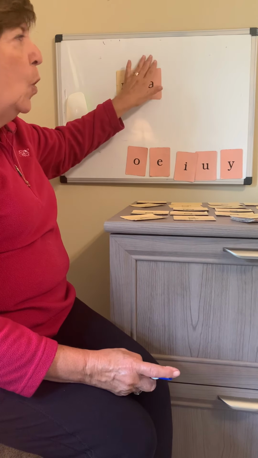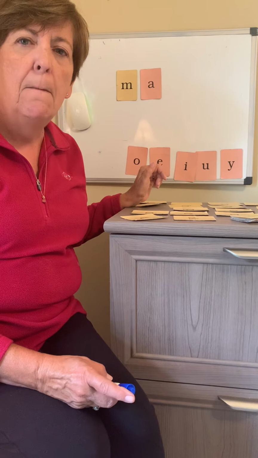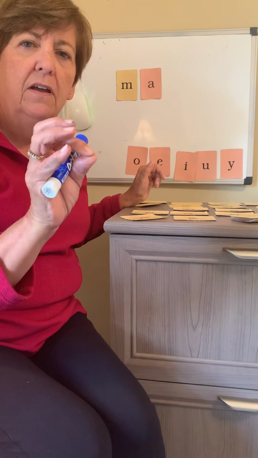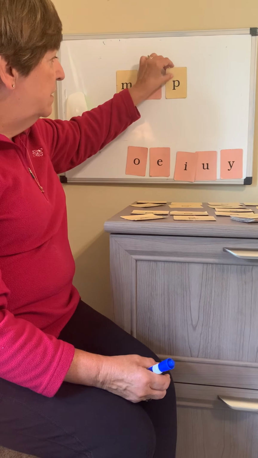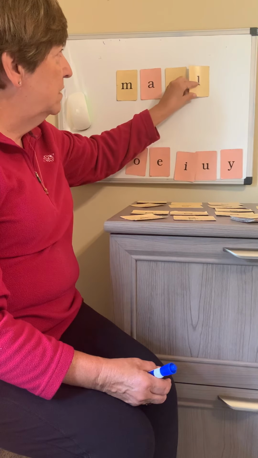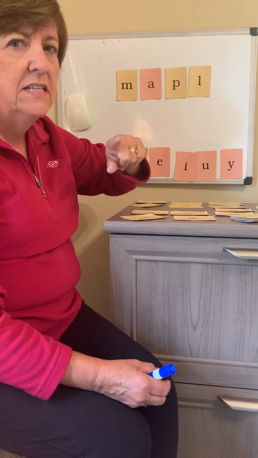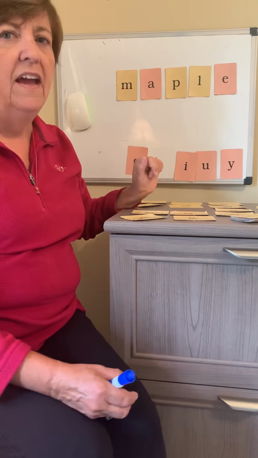We know that's an open syllable because the A is long. And then the second syllable is pull, P-O. There's the O. And we know every syllable has to have a vowel, so it's the E.